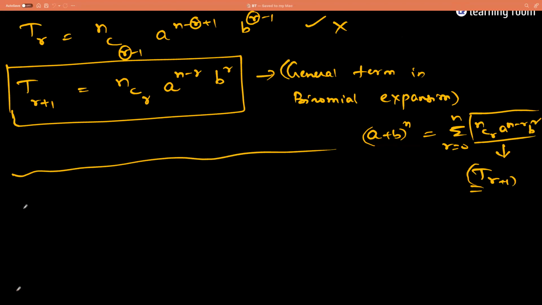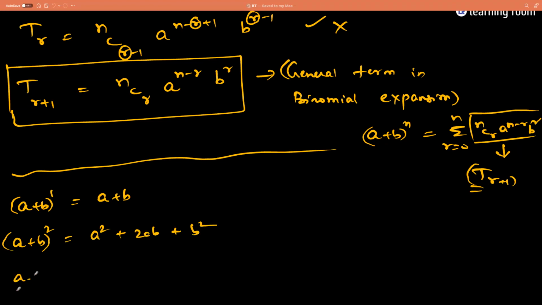See, suppose I have a plus b to the power 1. The output is a plus b. Am I right? If I have a plus b the whole square, it is a square plus 2ab plus b square. And if I have a plus b the whole cube, I have a cube plus b cube plus 3a square b plus 3ab square.